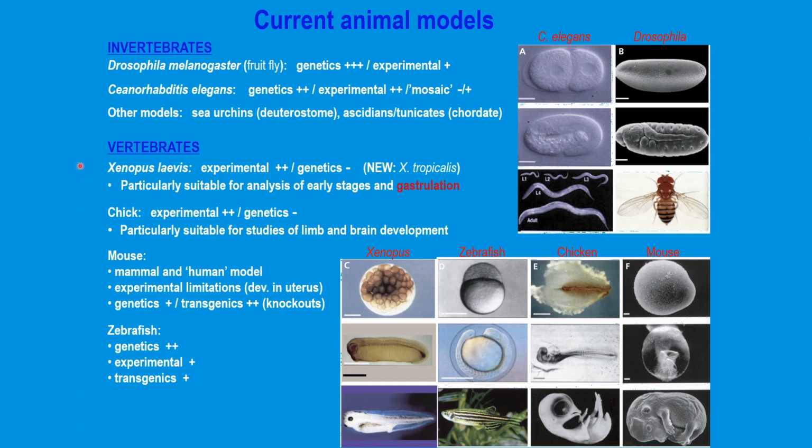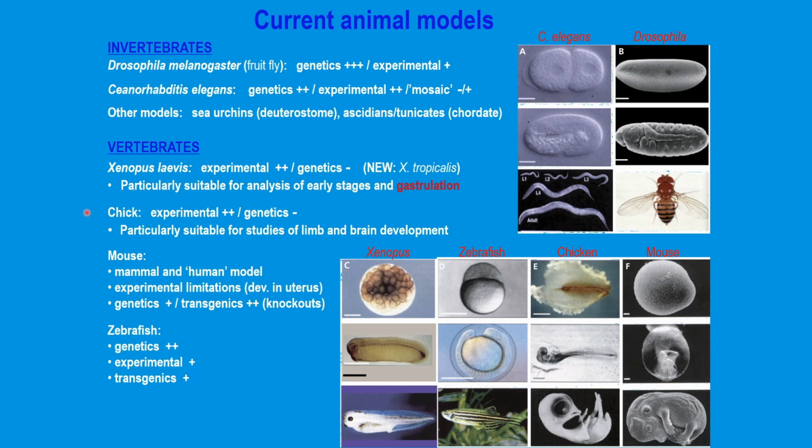And then some of the vertebrate models that I haven't mentioned include chick and frog, and these have been particularly suitable for analysis of the early stages of embryo development and gastrulation, these movements, because they have these large eggs and they undergo these cleavages and movements that are found in all vertebrates.